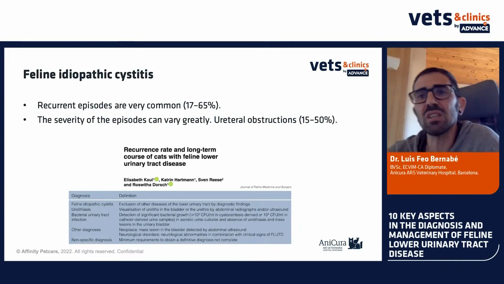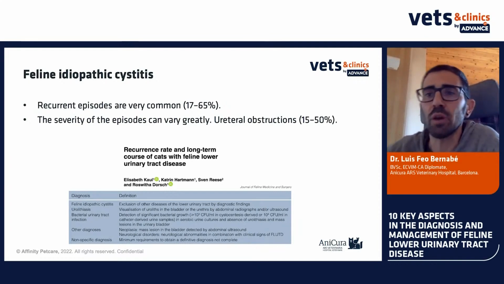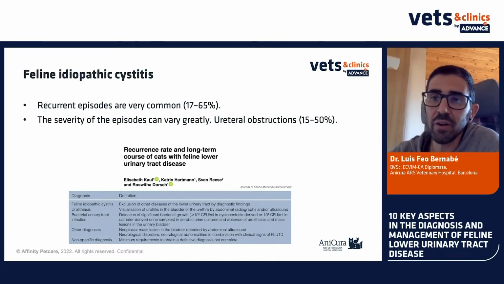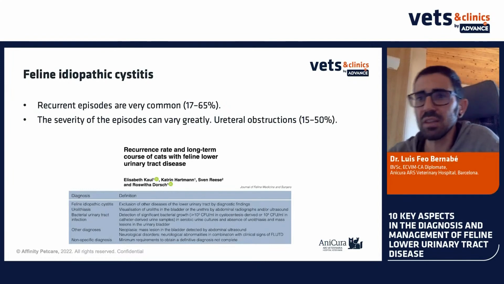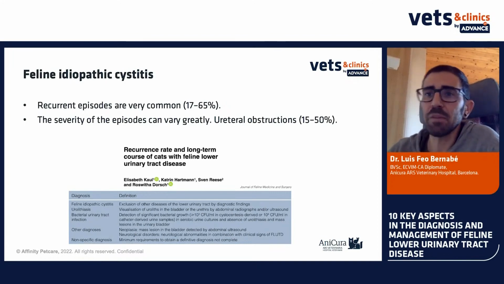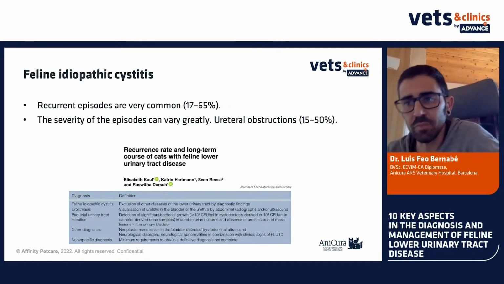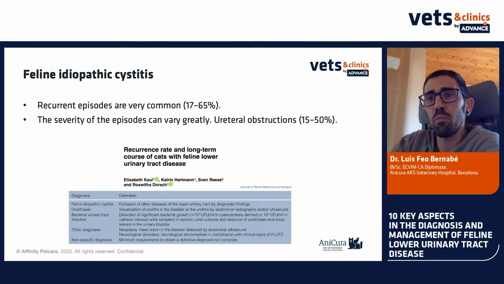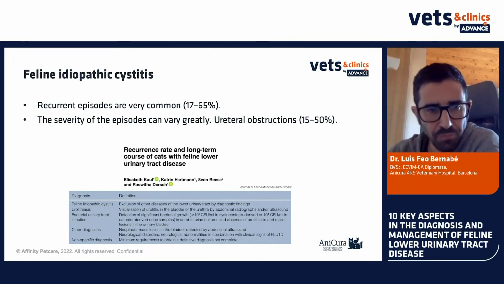Between 17 to 65% of the cases will recur during their life. So it's important that you are aware that it's going to recur many times, and you need to tell the owner that maybe this episode will come later, in the next month or years.